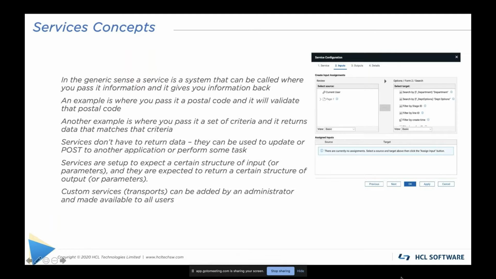They do expect a certain type of structure for parameters, so they all have inputs and outputs. Not every service is obviously going to have an input, and not every service is necessarily going to have an output, but they're all structured the same. So no matter if you launch them from a submit action or an event action, those features are all the same, and the structures are the same. That makes it very easy to interact with services.